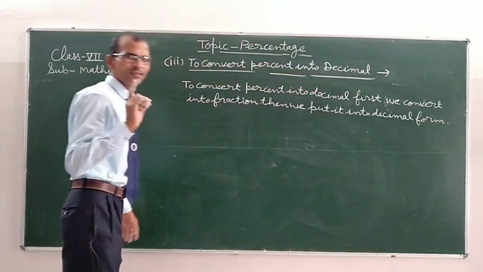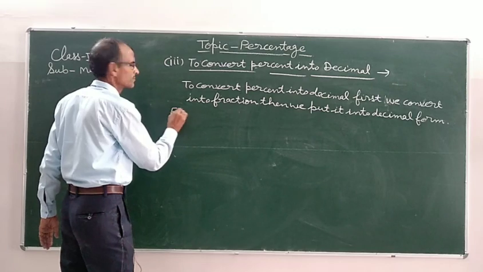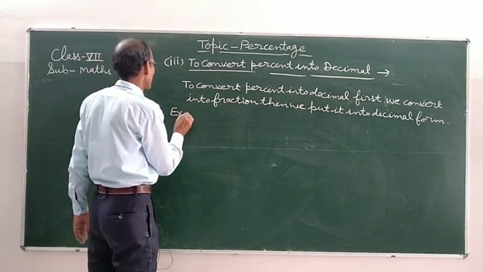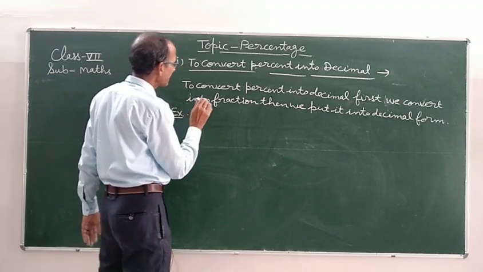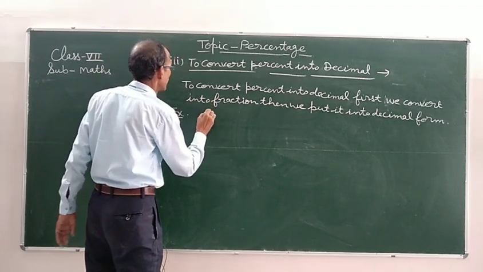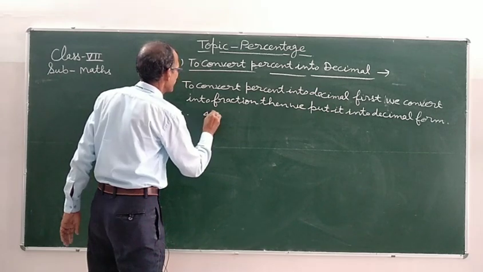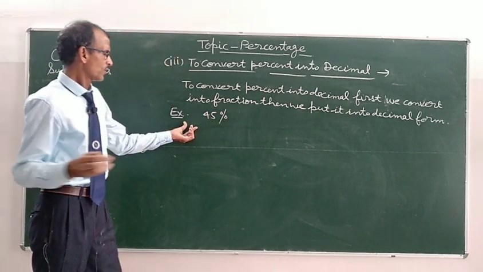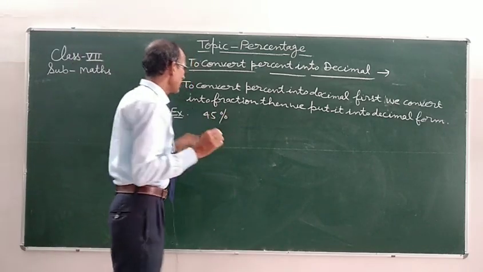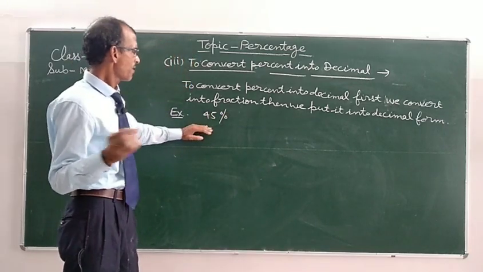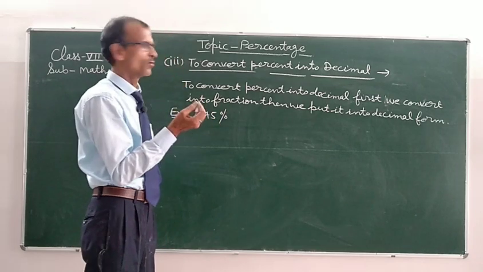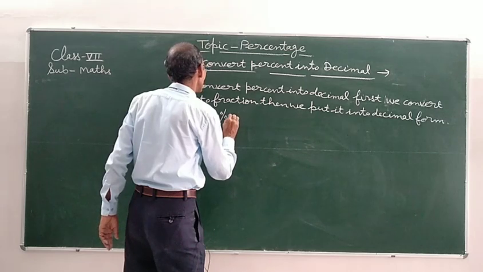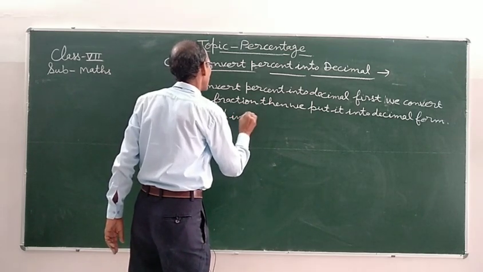For example, suppose we are given 45%. Okay? 45%, and we have to convert it into decimal form.